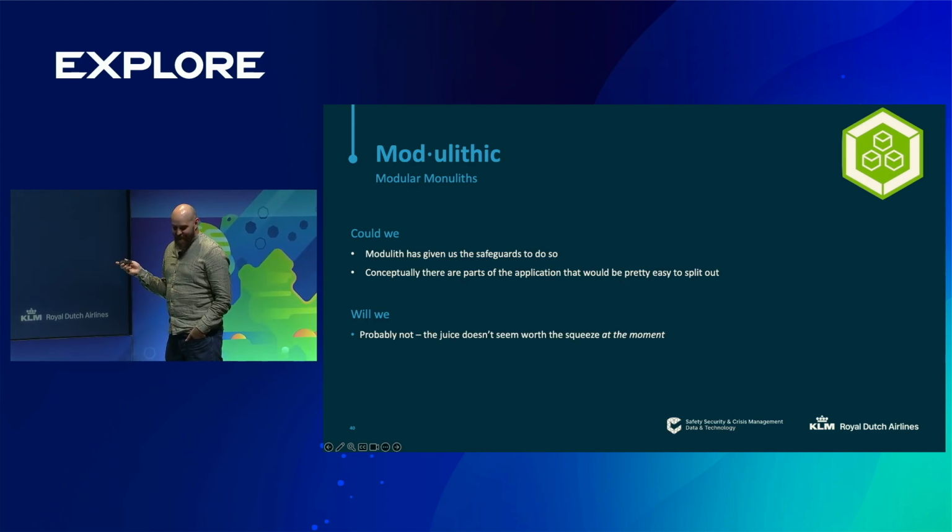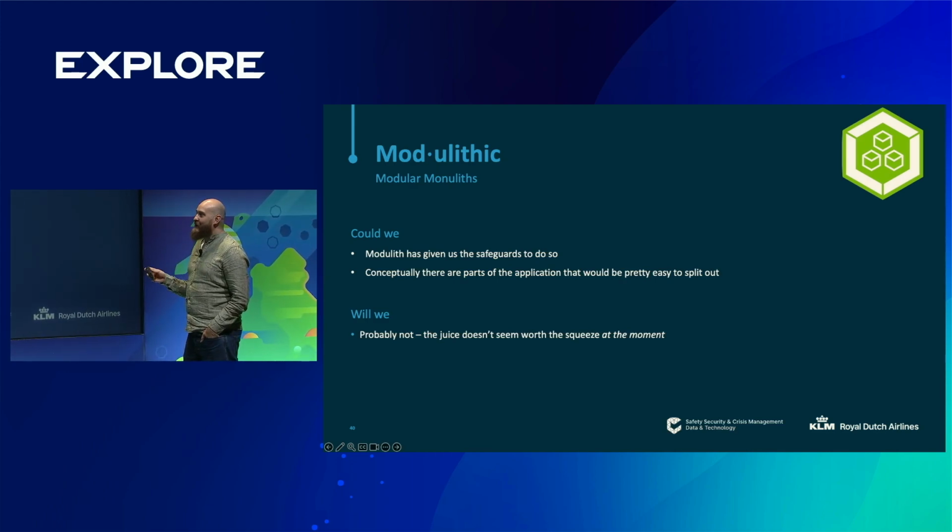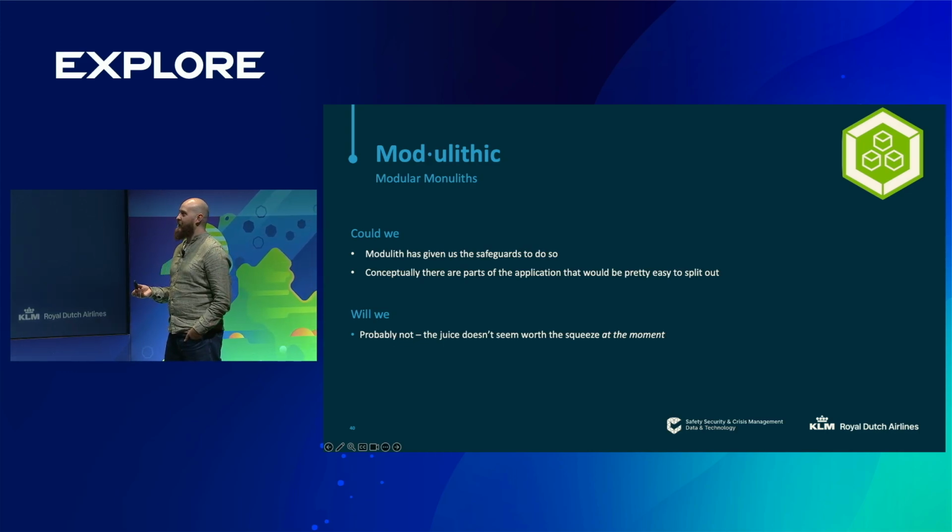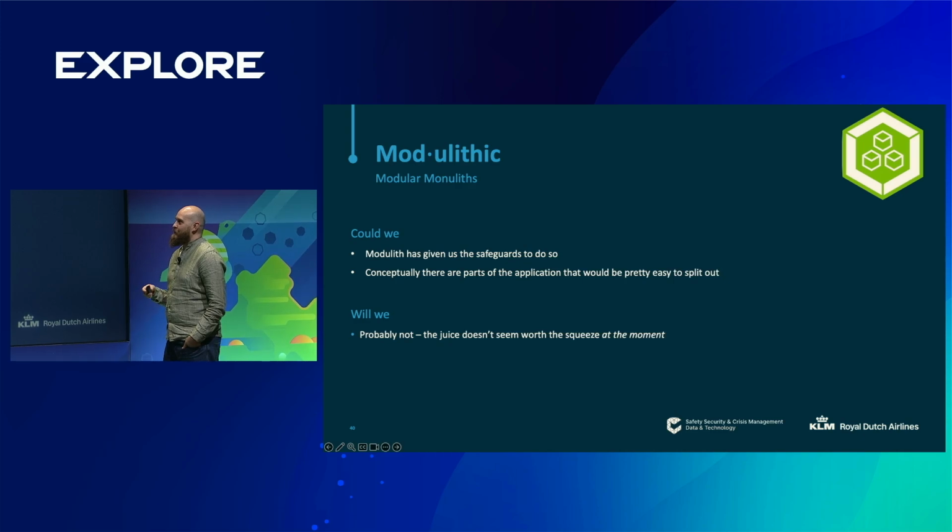So one of the questions here, implicit in the name, is modular monoliths. It's the portmanteau of this. And the question is, if we look at our application, could we split it apart into microservices?